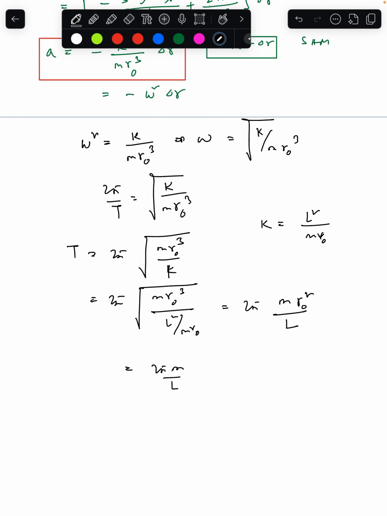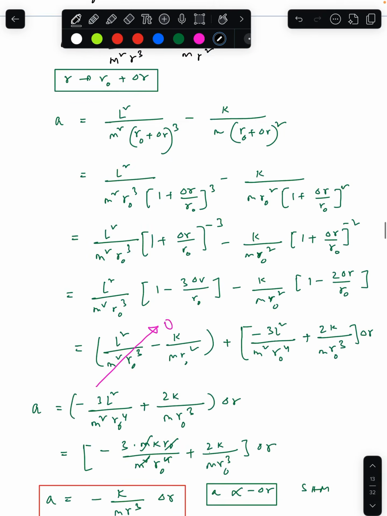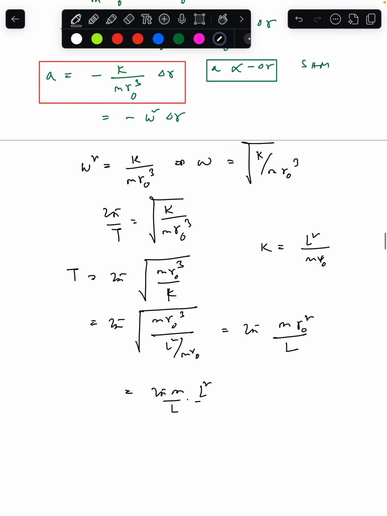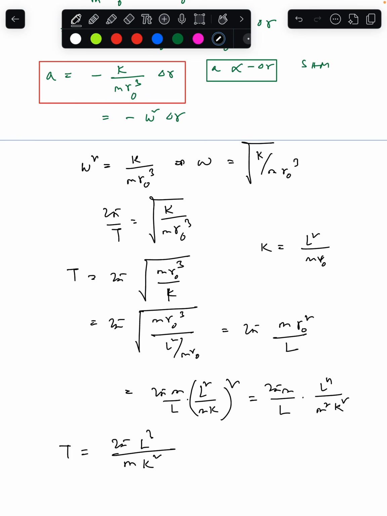R naught is L square by mk, as we have already got this result. So L square by mk whole square. So this gives you 2 pi m by L, L to the power 4 by m square k square, which gives the result T is equal to 2 pi L cube divided by m k square. So this is the time period for the corresponding situation they have asked for.